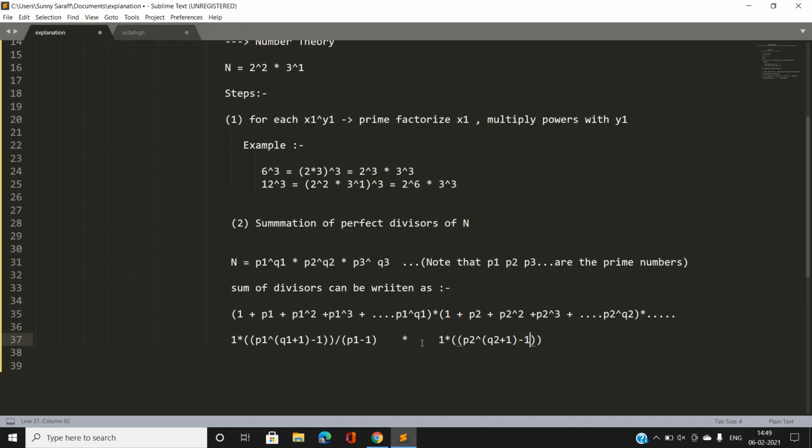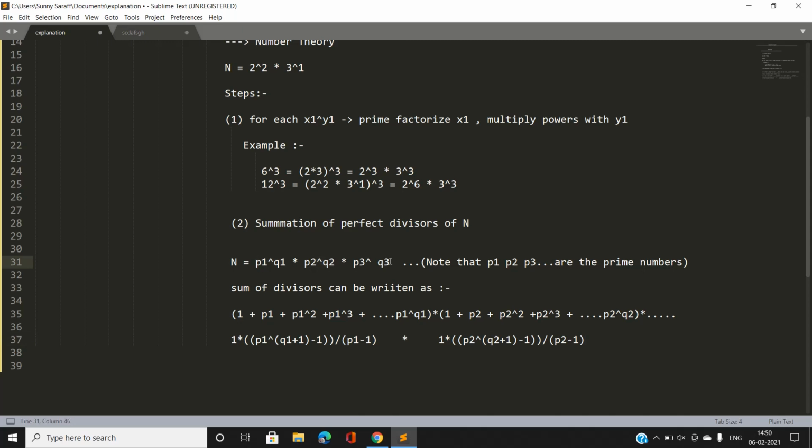Okay, and this whole is going to be divided by the common ratio minus 1, and we are going to do this for every term, that is for every p1 power q1, p2 power q2 and p3 power q3.